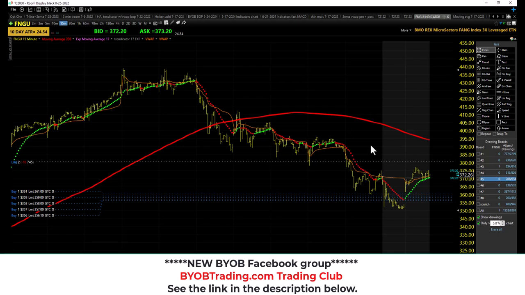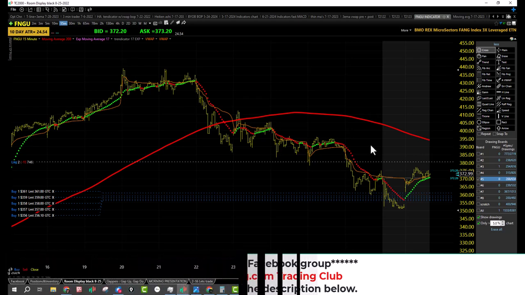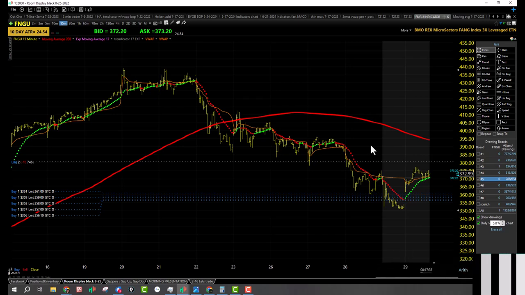Well, you guys know that. Consolidation under prior consolidation is definitely bearish, and that's what we got yesterday. Hopefully GDP comes in, we get a nice pop back up to this 200. We'll see what happens. That's FNGU on a 15-minute chart right there.